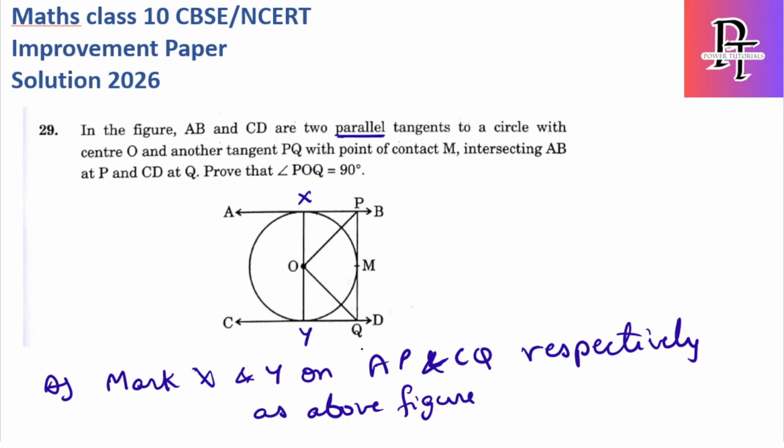So why I am saying, I will tell you. At the same time, join OM. So what I am doing, I am joining OM and I have marked this way.